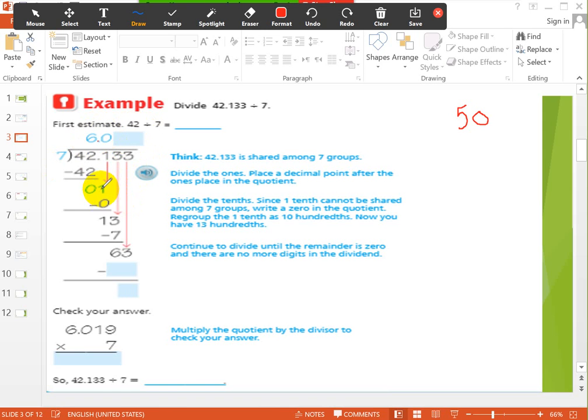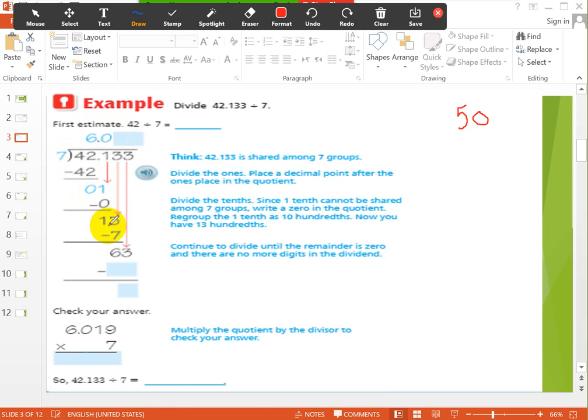Why? Because I can't divide this digit by the divisor. And you learned that if you can't divide the digit by the divisor, the value of this digit in the quotient will be 0. So now 0 multiplied by 7 equals 0.